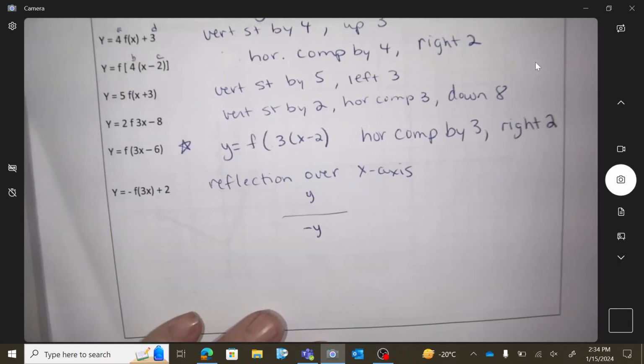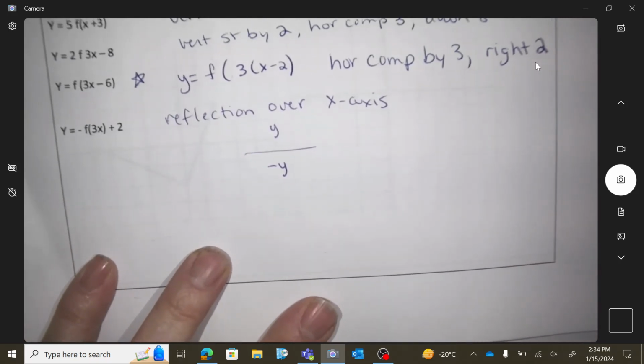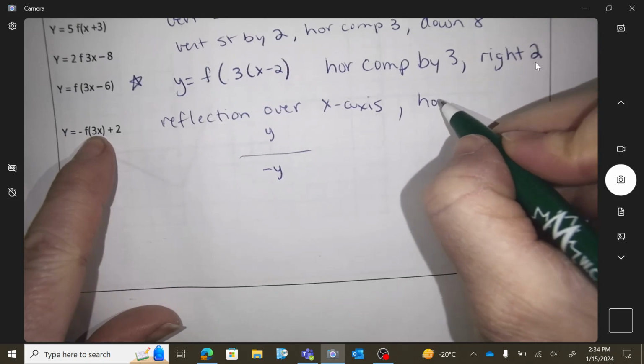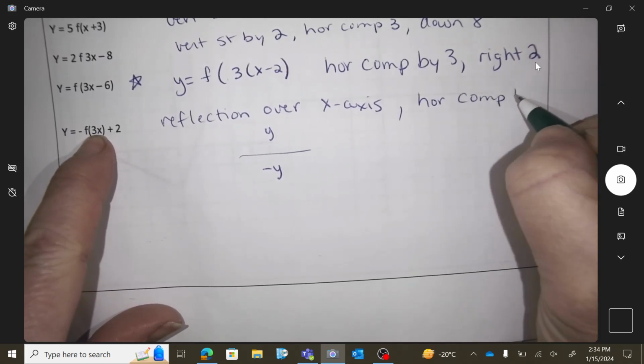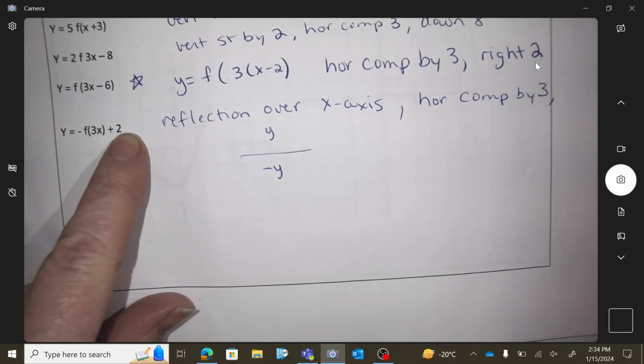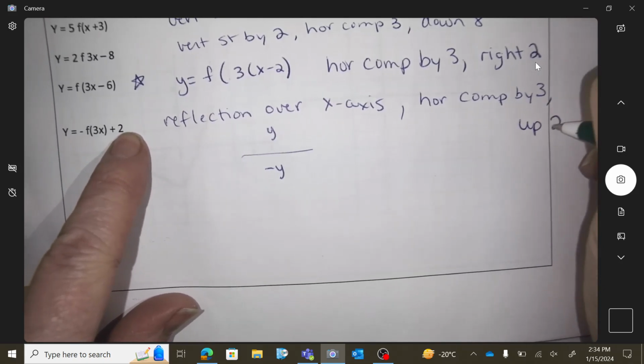Okay, so there's a reflection over the x-axis, and we have a 3 in the B position. So horizontal compress by 3, then the plus 2, so up 2.